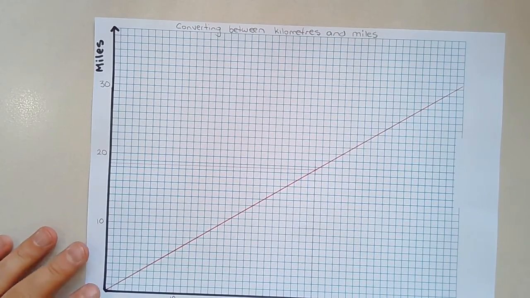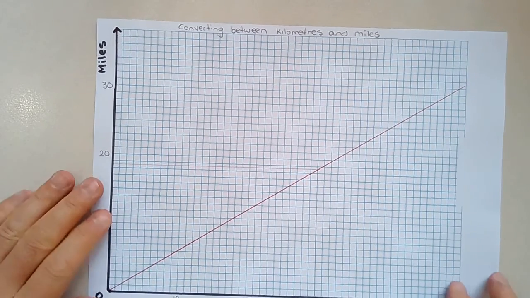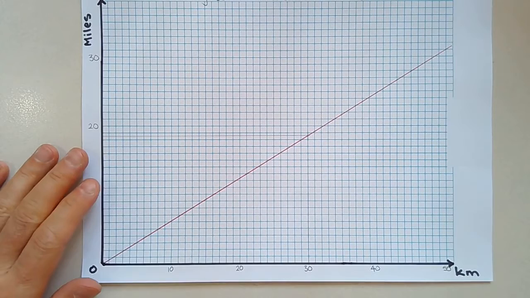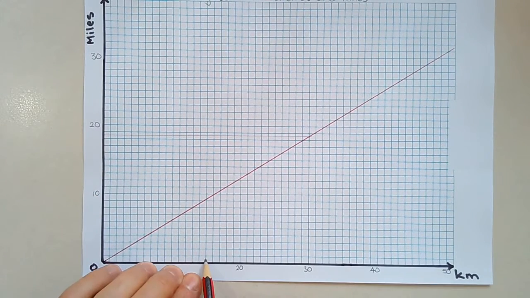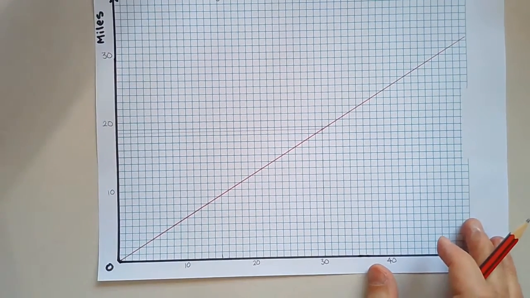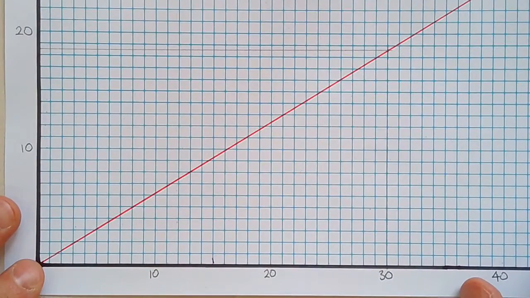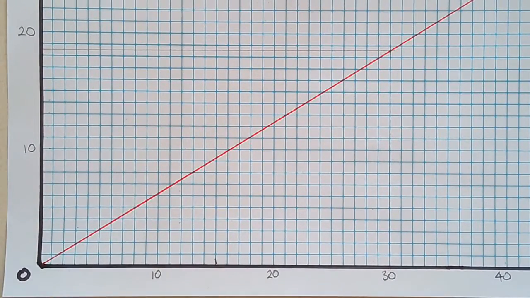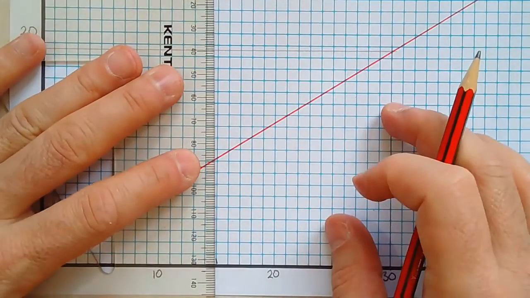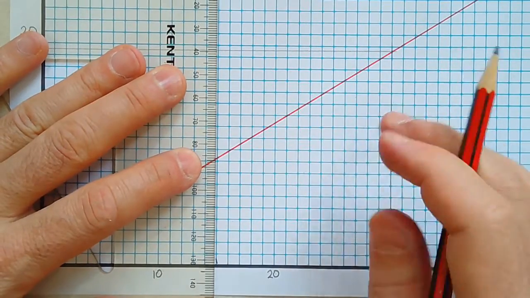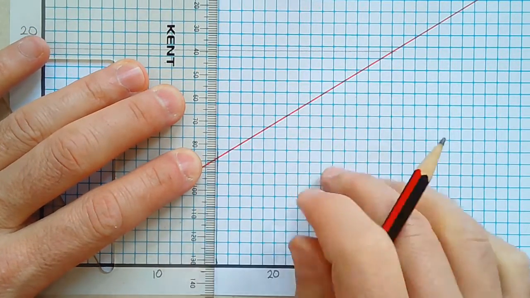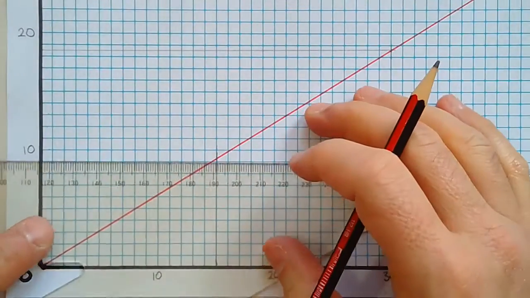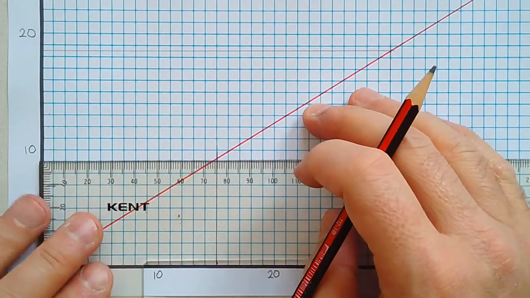Okay, so 15 kilometers. So where's that? 11, 12, 13, 14, there's 15 there. There we go. And then we project across to the y-axis.